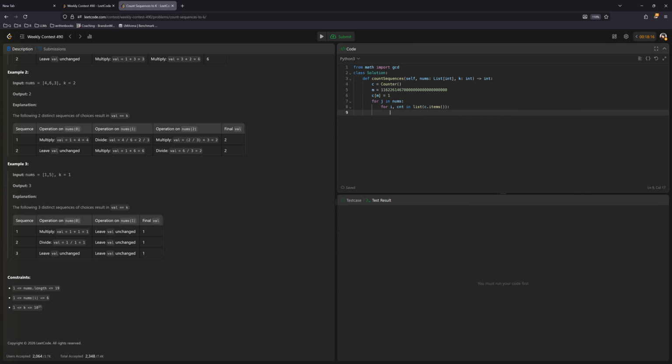That'll force it to make a copy. And then we have these choices, and then our destination is going to be k times m, basically. Now, we have 3 choices. Keep the same, multiply, divide, right? Keep the same is simple enough. Okay, C.